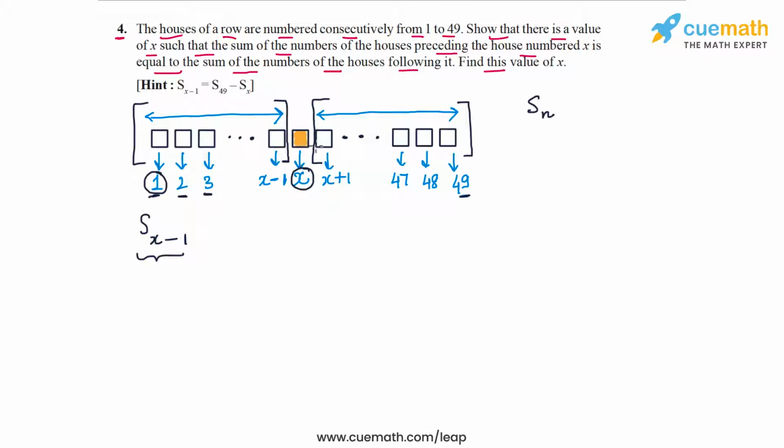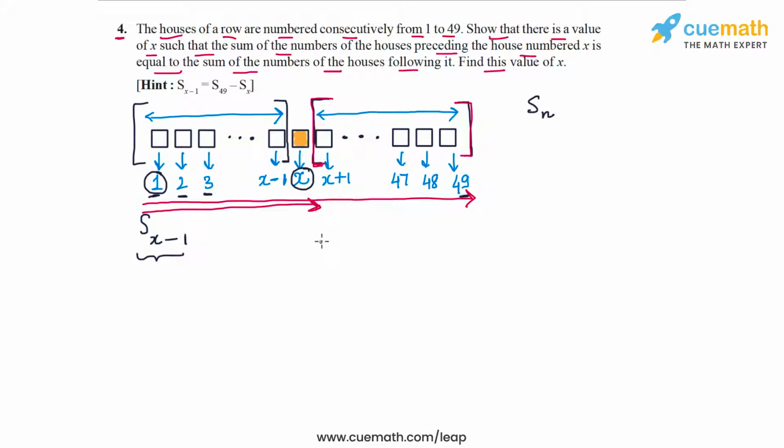This should be equal to the sum from x plus 1 up to 49. Now here comes the interesting part. How do we write the sum from x plus 1 to 49? To do that, we take the entire sum from 1 to 49, and from this sum we subtract the sum from 1 to x.